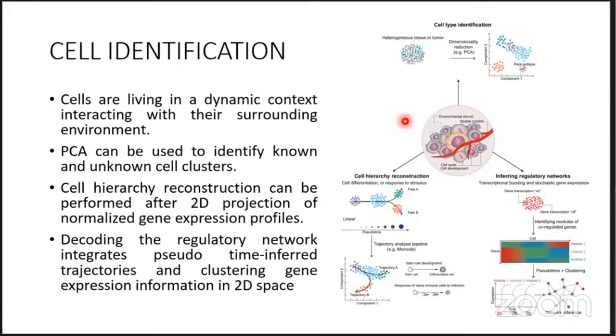What PCA does is form the clusters, which can be identified in the Y and X direction, and in each cluster a different kind of cell type will be differentiated. So to identify the cell types, PCA is performed. Cell hierarchy reconstruction can be performed after 2D projection of the normalized gene expression profile and then mapped to the regulatory network.